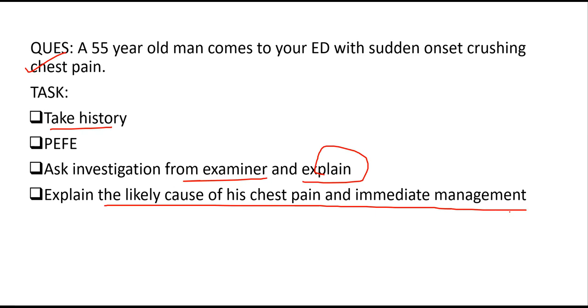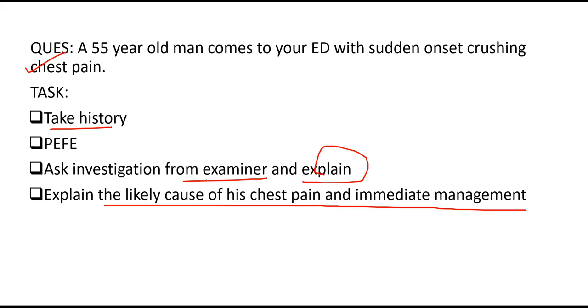Very, very important question. Now, in this kind of case, most of the time I have seen that they give an ECG in the stem, and you already know that this is a heart attack patient, or an acute myocardial infarction patient. Okay? And then there are some other cases where you get the ECG later on after taking the history.